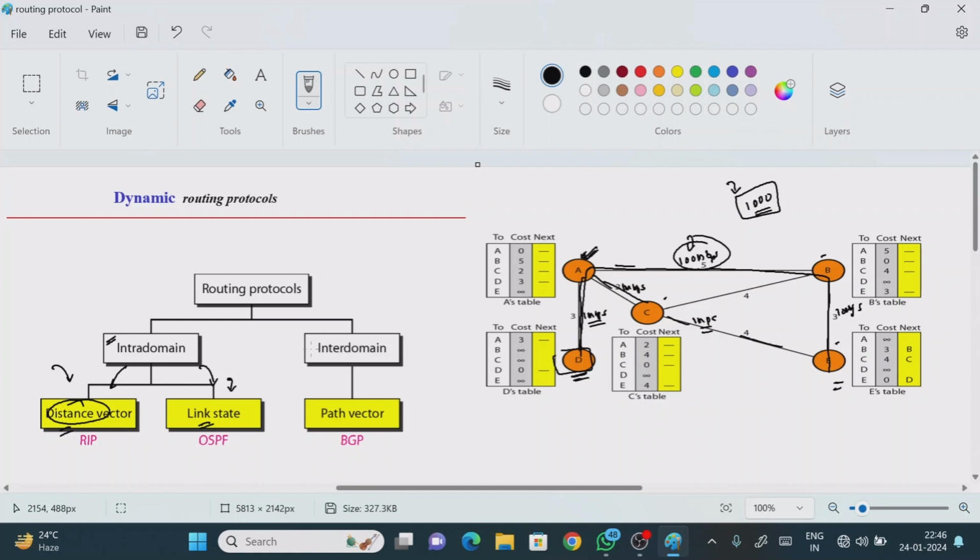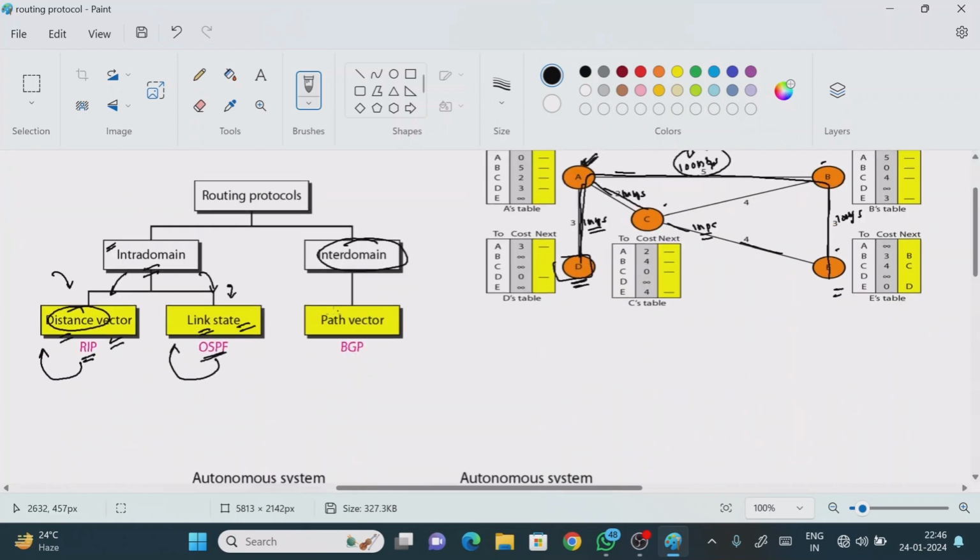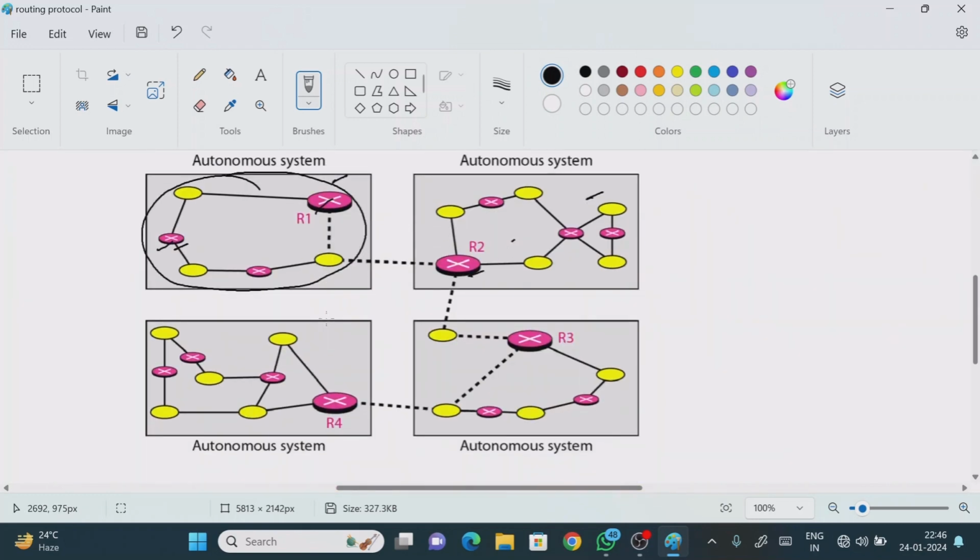Whether you find it based on distance or based on link capacity, based on that, for intra-domain routing protocols within the autonomous system, we classified one as RIP, which works based on distance vector routing. The other is the OSPF protocol, which works based on link state. We have one routing protocol for inter-domain, which is used to connect one autonomous system with another.